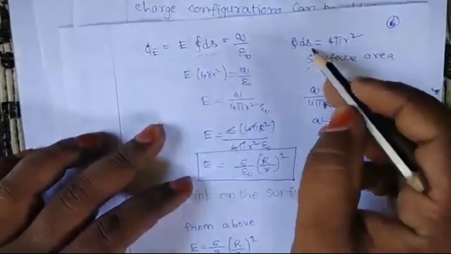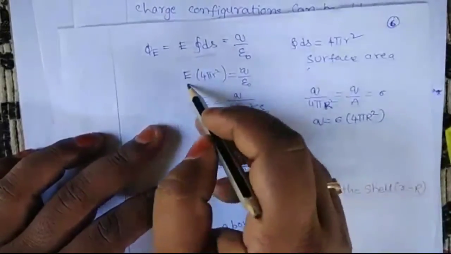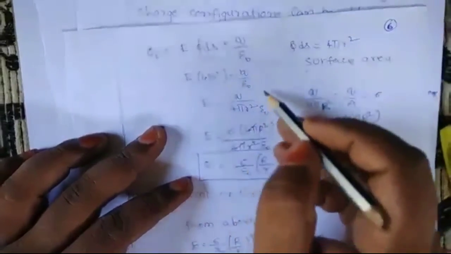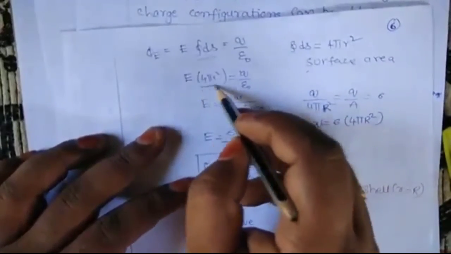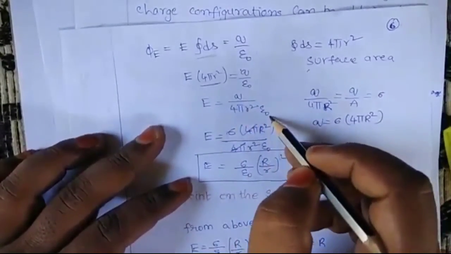So E into 4 pi r square is equal to q by epsilon naught. We can send the 4 pi r square to the right side: E equals q by 4 pi r square epsilon naught.